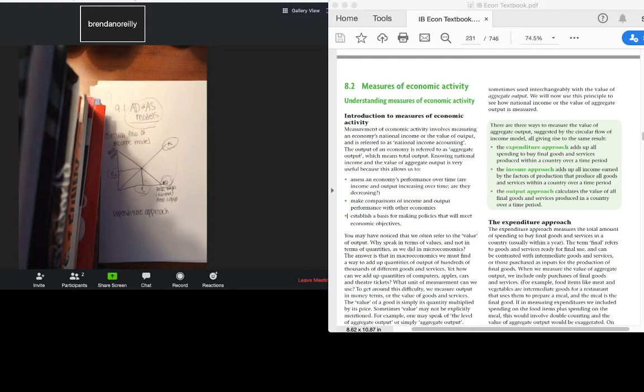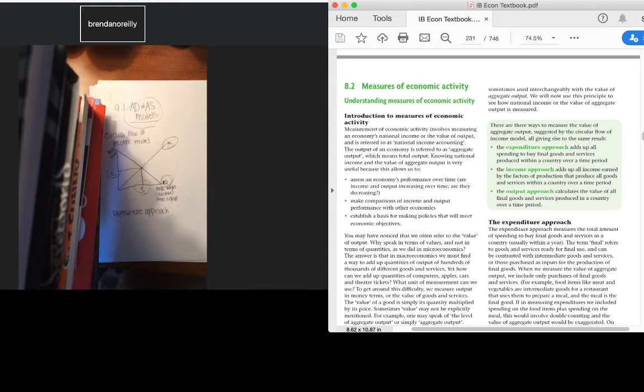They all measure GDP, but this one measures GDP by giving a number for how much people have spent to buy the final goods and services produced within a country over a given time period. So that has to do with how much money people spend.